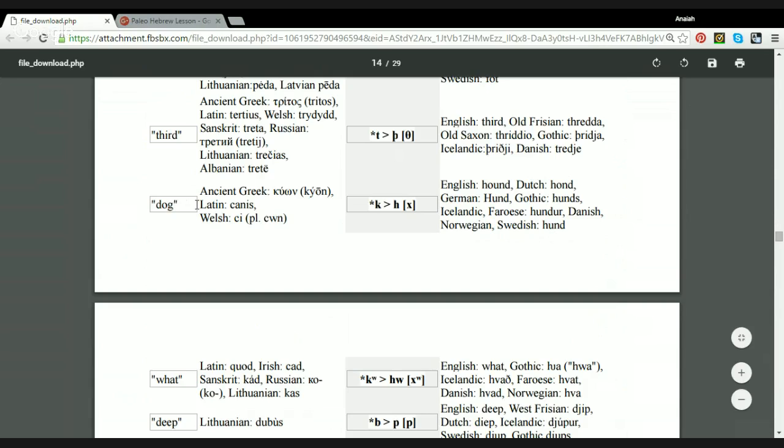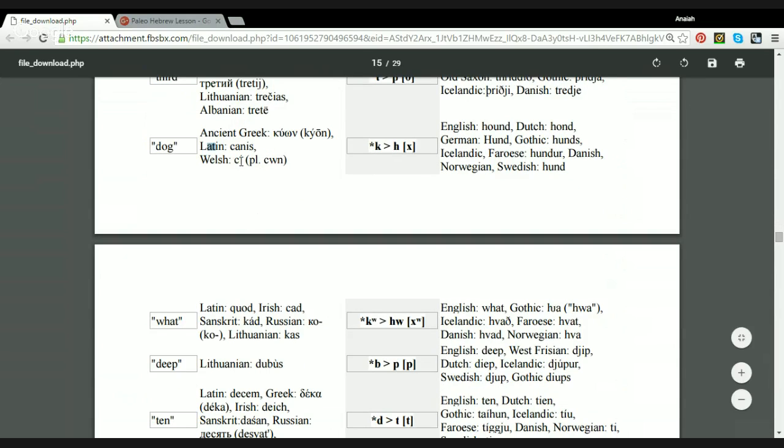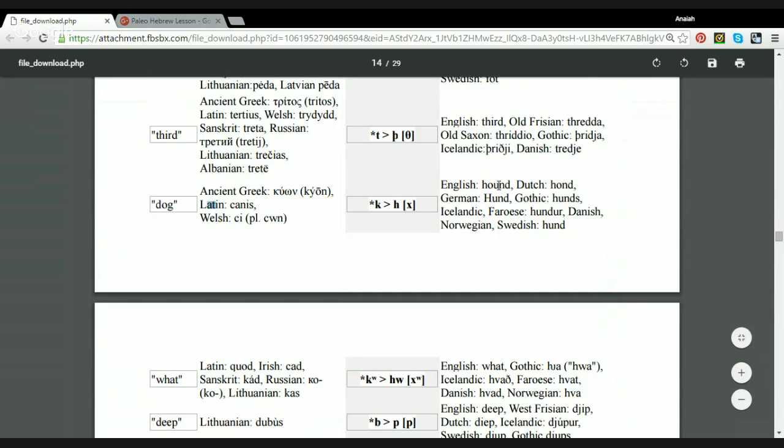Here is dog, which is cane. Greek, it's kuon. Latin is canis. Welsh is kun. Now in English, look at this. It's the same thing, H and K. They're similar, so it's the same word, but it's spelled with the H in English. Hound, Dutch. Hund, German. Hund, Gothic. Hunds, Icelandic and Faroese.